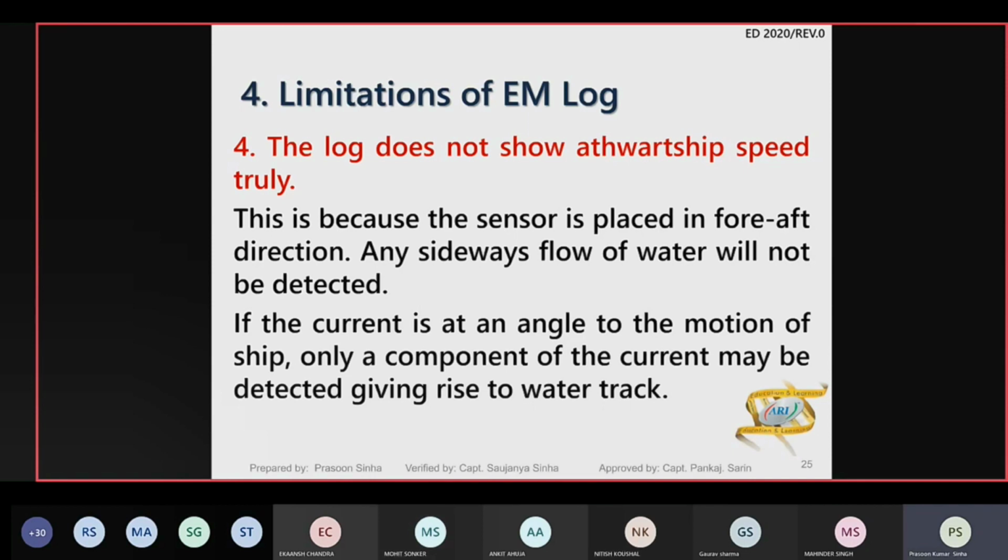These are the two terms used for SOG and STW. So we are very comfortable with using STW, SOG, but in the terminology of the equipment, it is called bottom track and water track. Bottom track, speed over ground. Water track means speed through water.